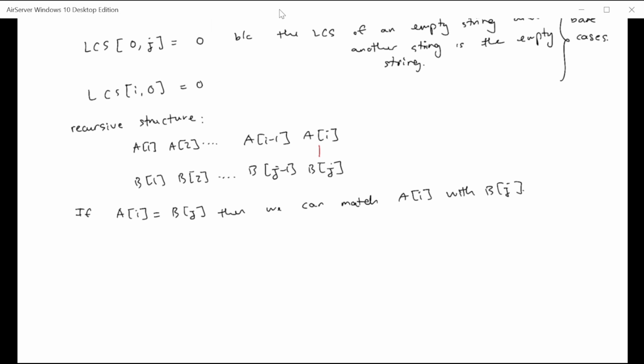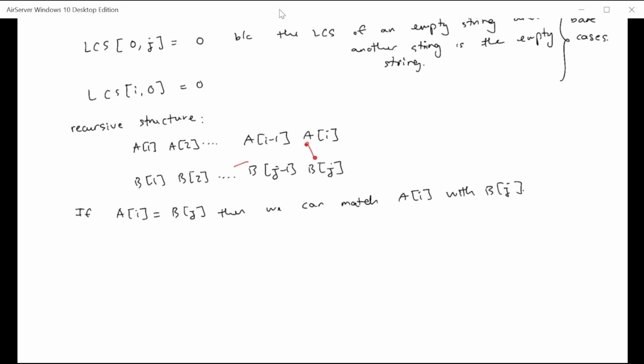Because otherwise, let's say if we don't match Ai with Bj, but we match Ai with something else over here, for example, then it doesn't matter, right? So we can replace this by matching Ai with Bj, and we still have the same common subsequence.